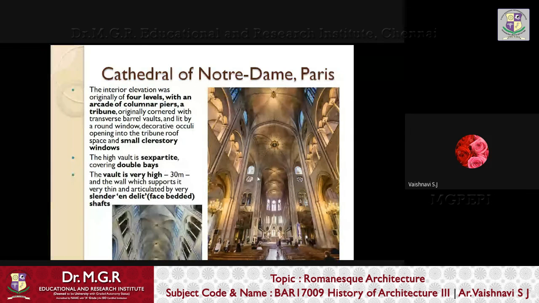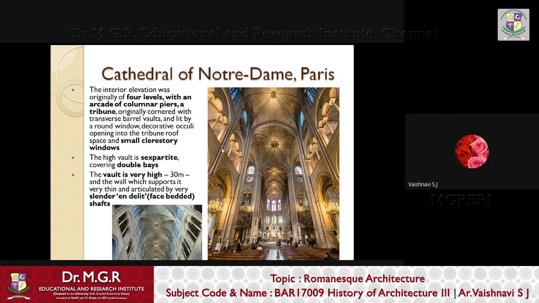So this is the interior of Notre Dame, Paris, where the elevation was divided into four levels. It had an arcade of columnar piers, and the arcade was running throughout the aisle, and they had a small clerestory of windows, which was very small in size.